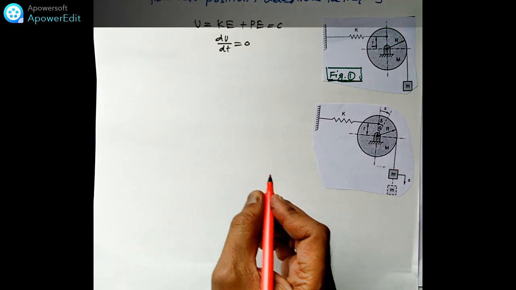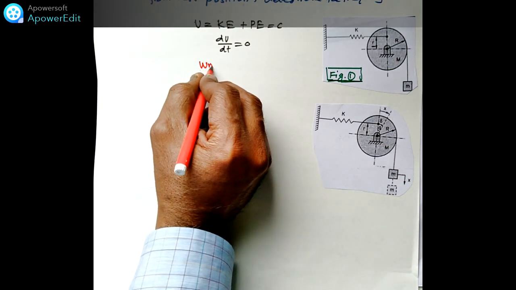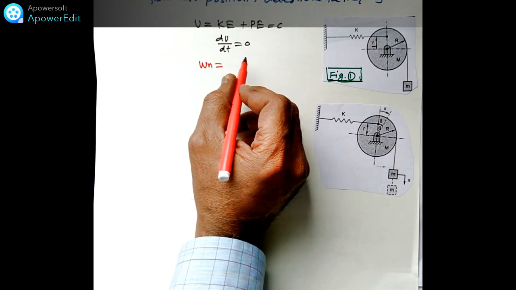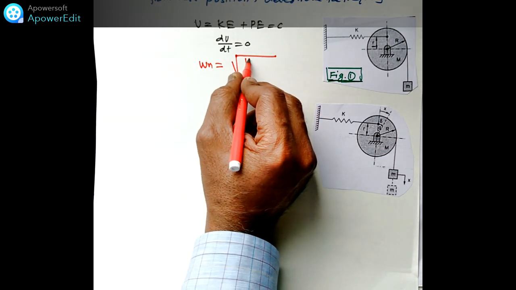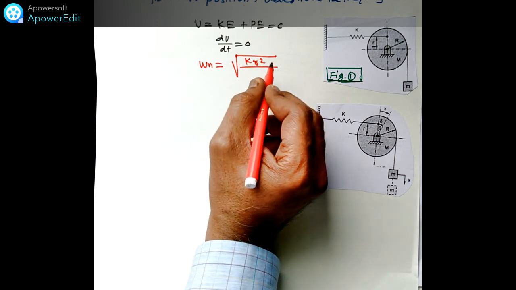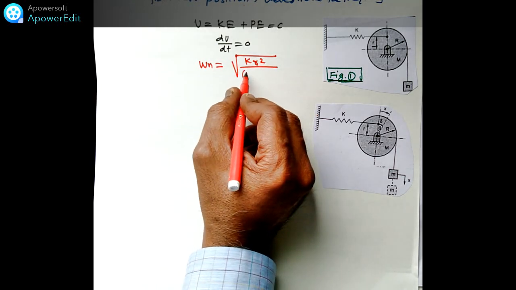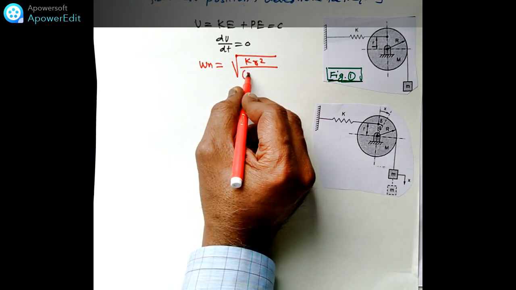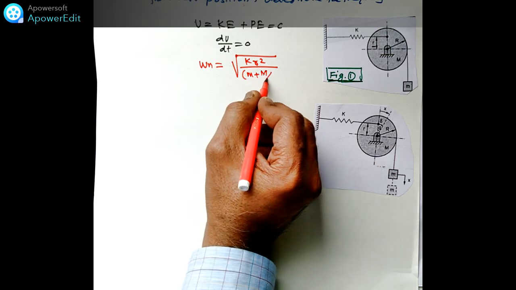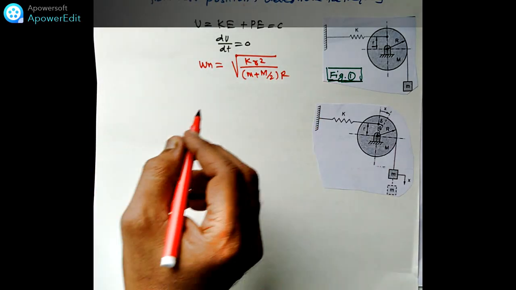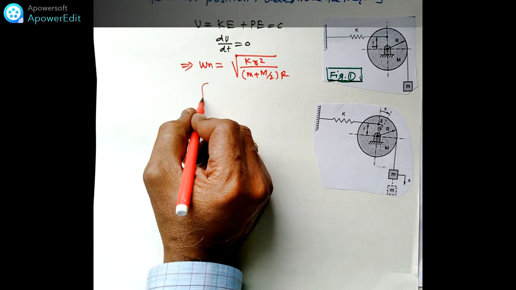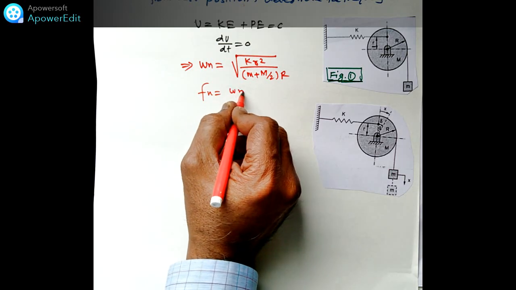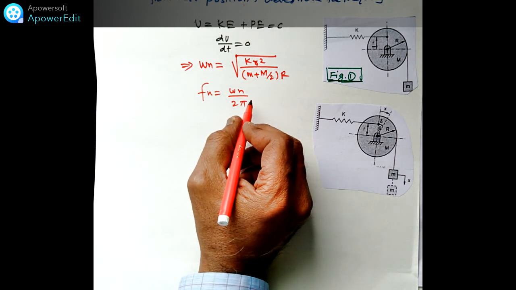Solving all this numerical, I will give you this answer: k into r square, in the denominator m plus M by 2 into capital R. This is the natural frequency, or you can also get the value of frequency, that Fn is equal to omega n by 2 pi.